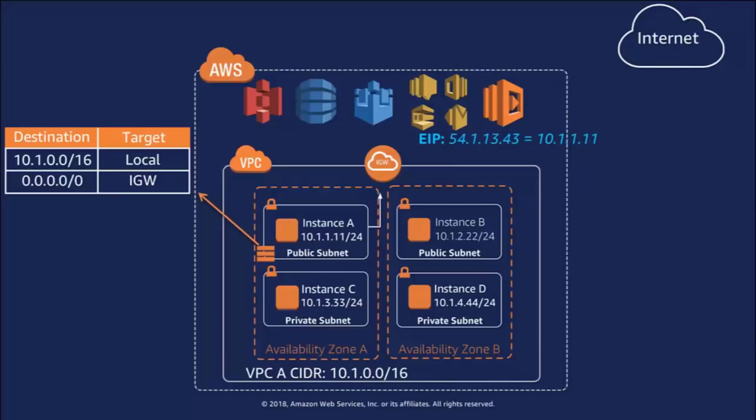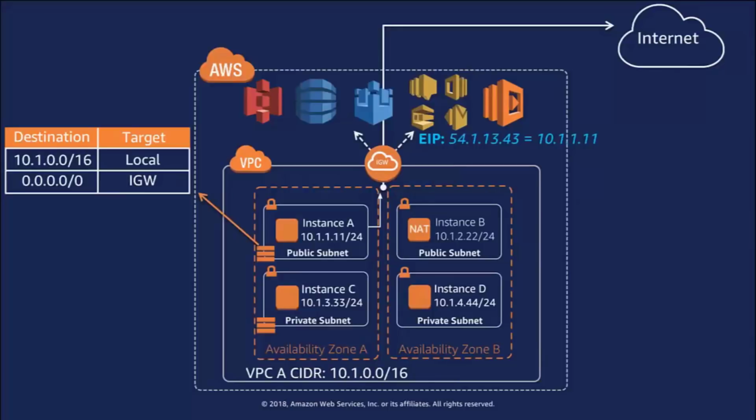Now, if you did do something like an ifconfig on the instance itself, you wouldn't see this public address. The public address is actually a static one-to-one NAT that sits at the IGW. Now, from there, we can communicate with things like S3 and DynamoDB, the internet, and those services and the public internet will see instance A, in this case, represented as the 54 public IP address, or the elastic IP.